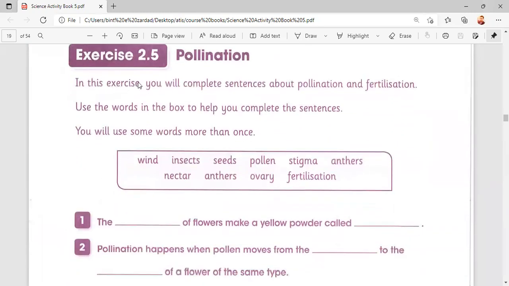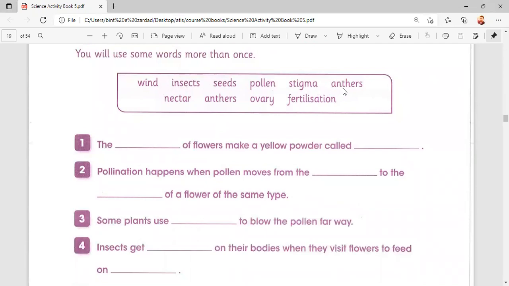Lesson 2.5, pollination. In this exercise, you will complete sentences about pollination and fertilization. Use the words in the box to help you: wind, insect, seed, pollen, stigma, anthers, nectar, ovary, fertilization.